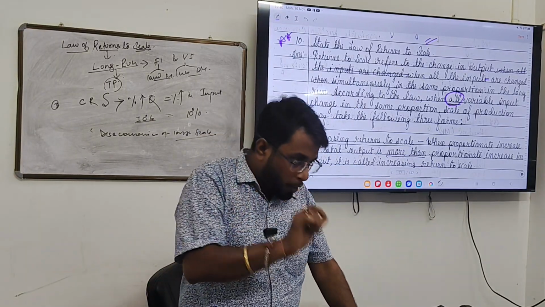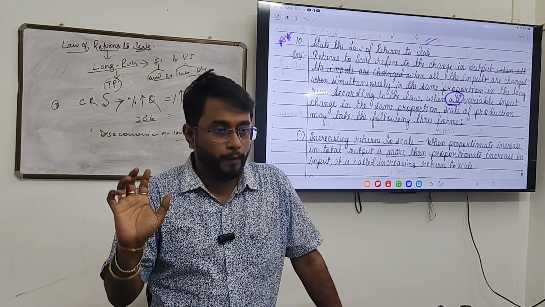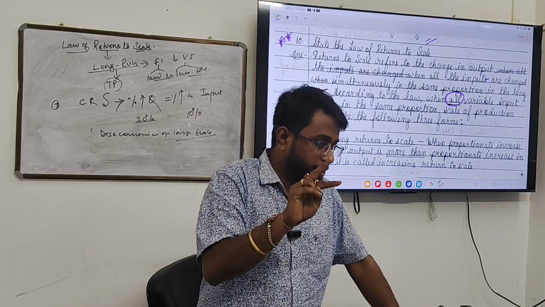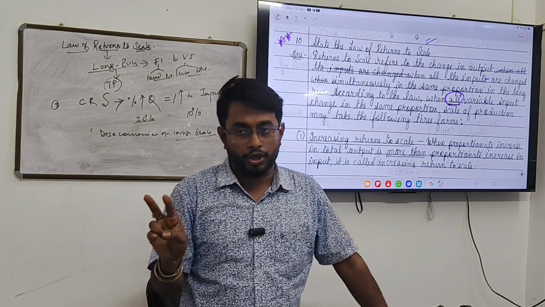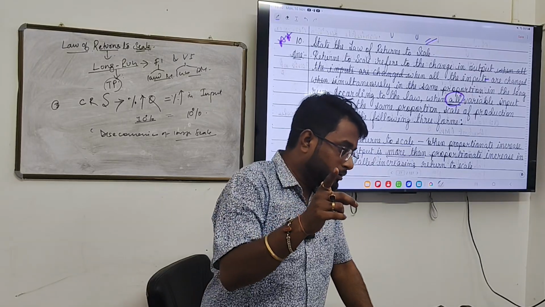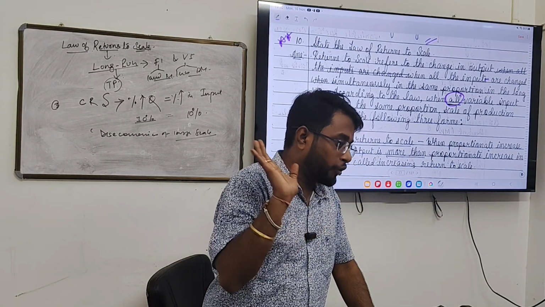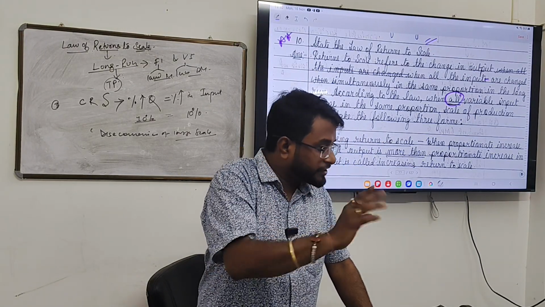One case it is more, one case it is equal. That proportion is changing, but nowhere in three stages total production fall করছে। Why is this happening?